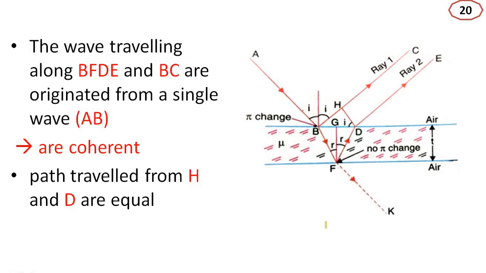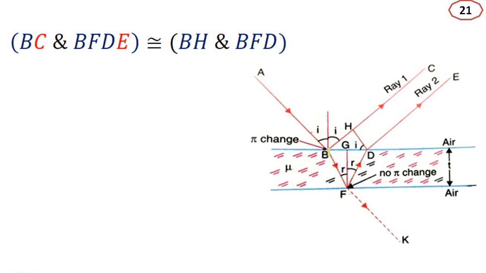Now, the path traveled from H and D are equal. That means the path traveled from H and the path traveled from D are equal, or simply we can say HC equal to DE. Now we have two paths. One is BC, another one is BFDE.